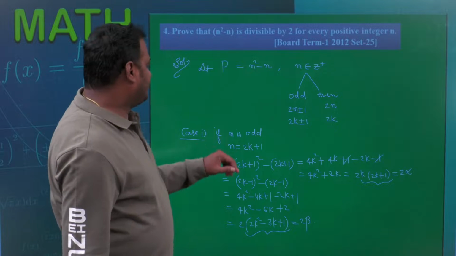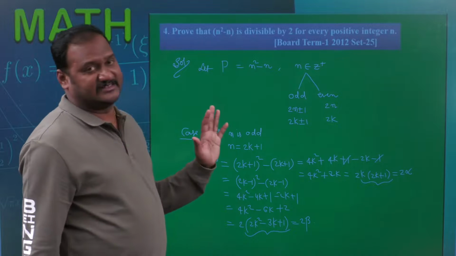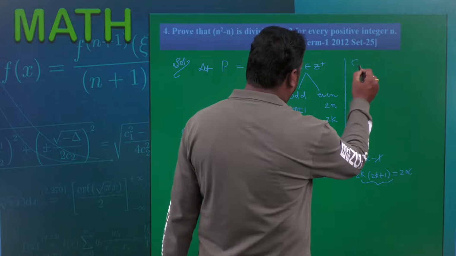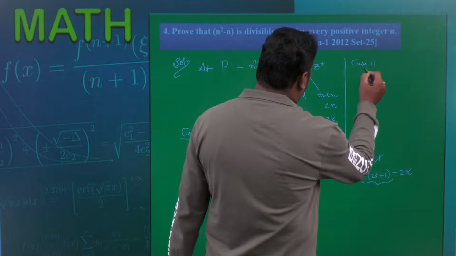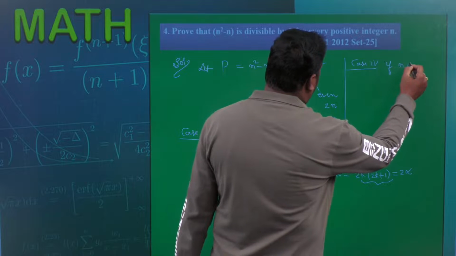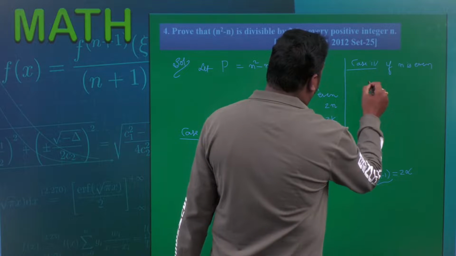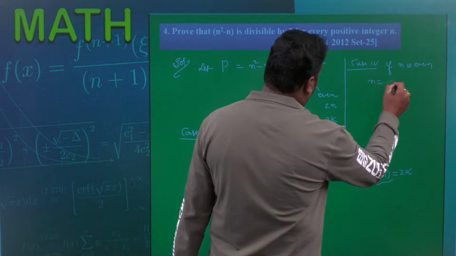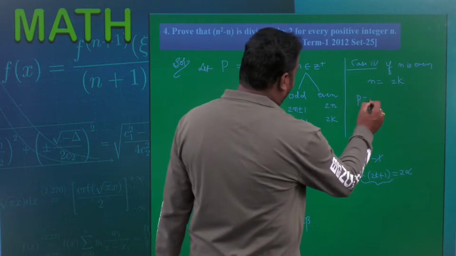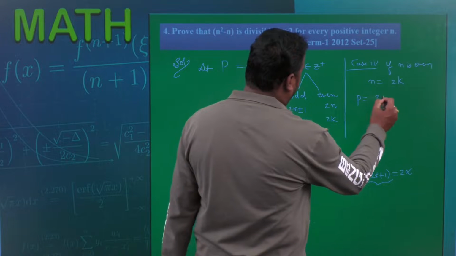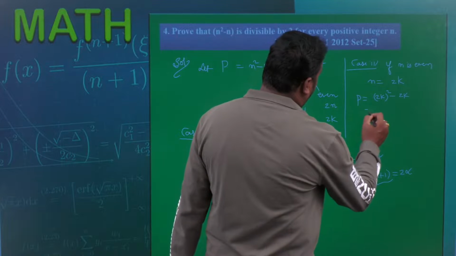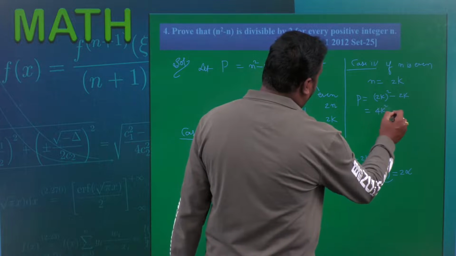That is case 1, when it is an odd number. In case 2, if n is even, I am taking n equal to 2k. When I substitute in n square minus n, it means (2k) whole square minus 2k. (2k) whole square is 4k square, minus 2k.